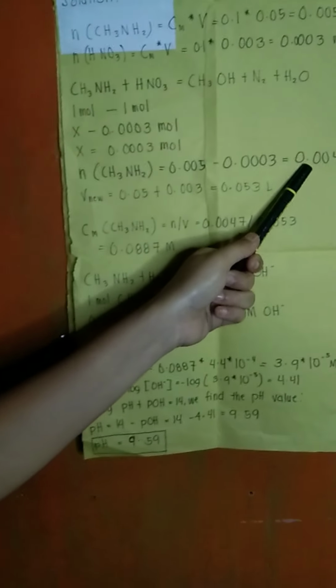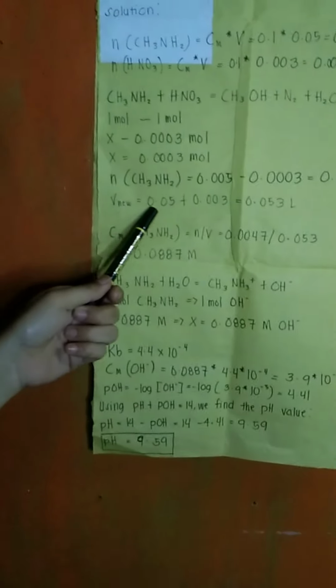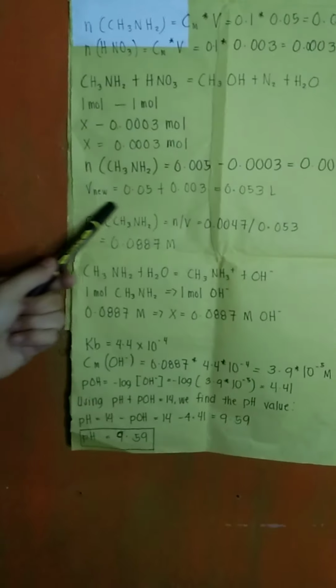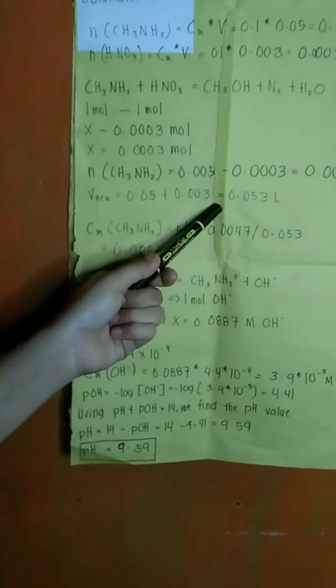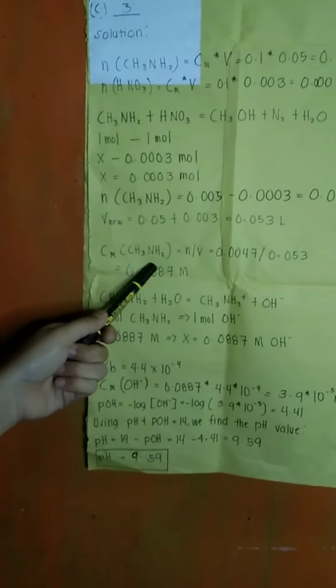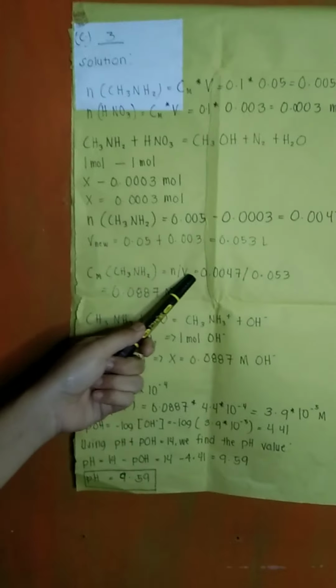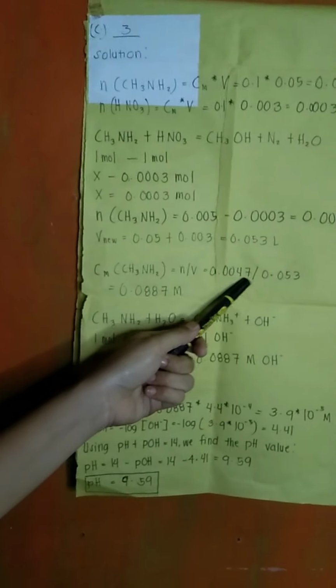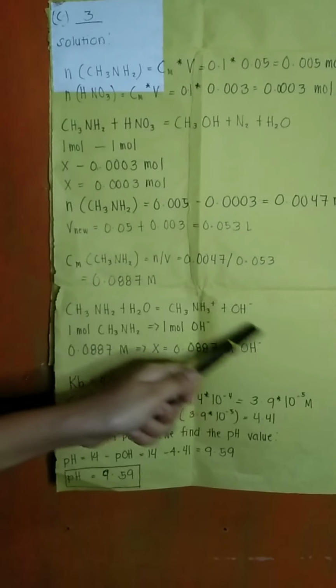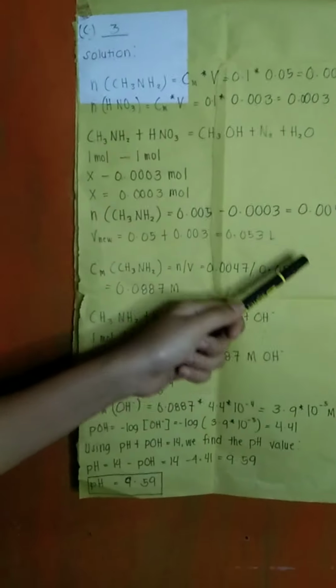We can get 0.0047 mole. V total equals 0.05 plus 0.003. If we add this, we can get 0.053 liter. Cm of CH3NH2 equals N divided by V equals 0.0047, which is this, divided by 0.053.